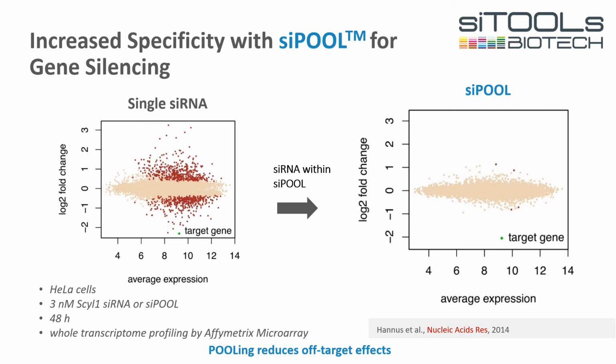And when using that same single siRNA that was used in the left screen in a siPOOL with 29 other siRNAs at the same concentration, you can see that the target gene was still knocked down. However, only a few other genes were affected. So this is a great example of how the siPOOL reduces the off-target effect to a minimum.